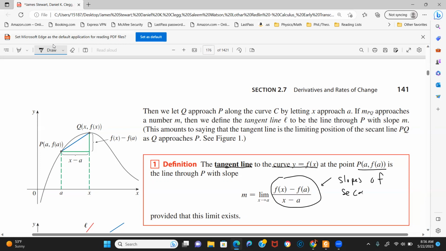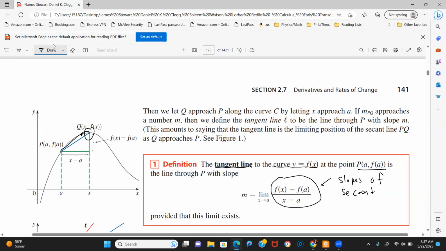Basically, what you do is you take a point nearby and compute the slope of this secant line, and then you take this point again and slide it closer, maybe here, and then you take this line. Hopefully you can see what I'm drawing.